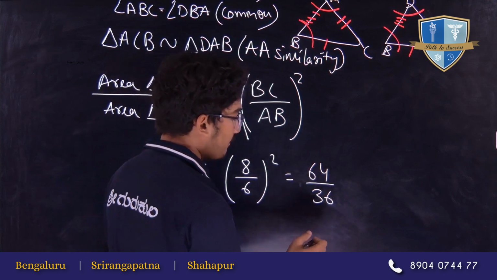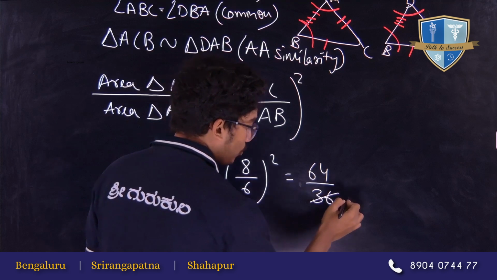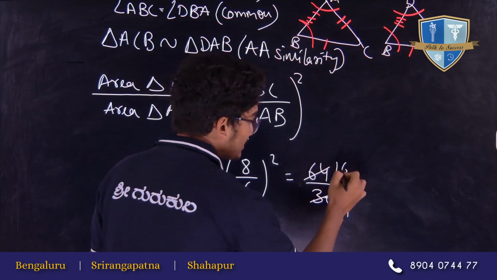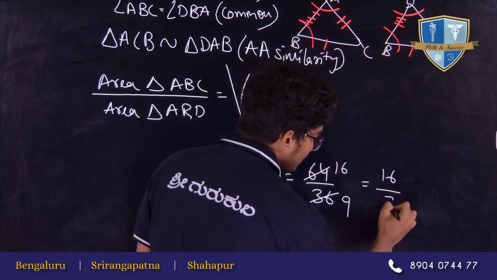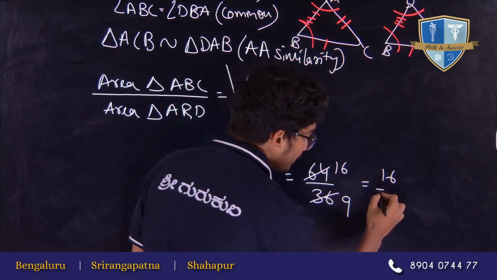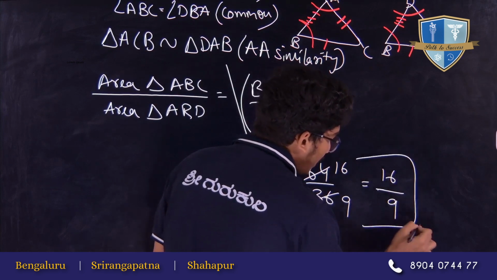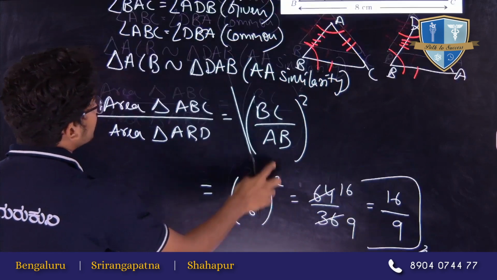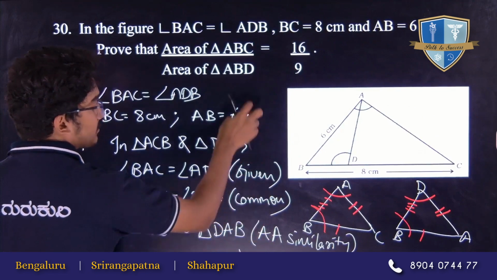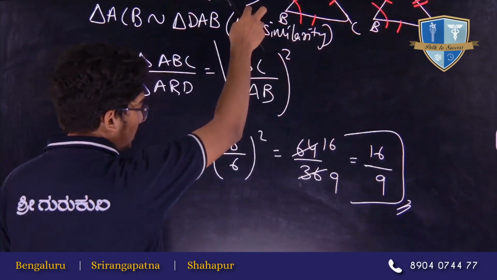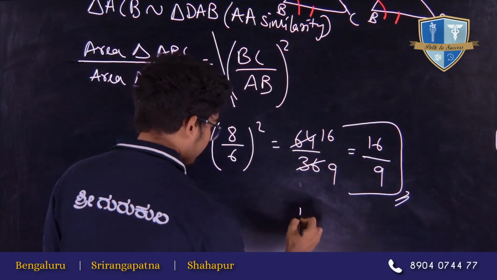And if we divide by 4, 4 nines are 36 and 4 sixteens are 64. So this is equal to 16 by 9, which is our RHS in the question. Therefore, hence proved.